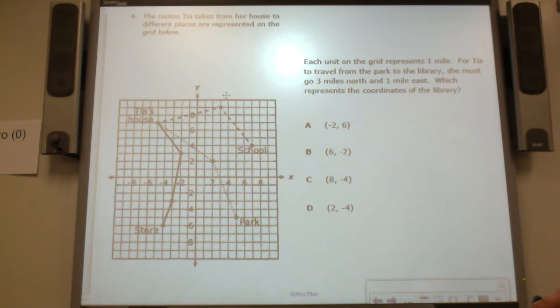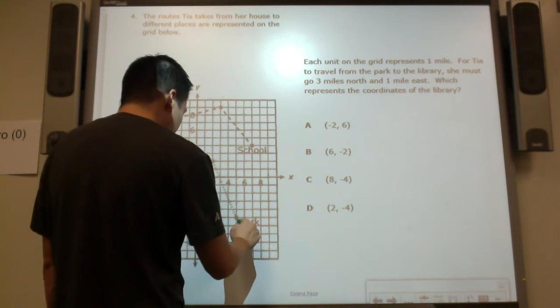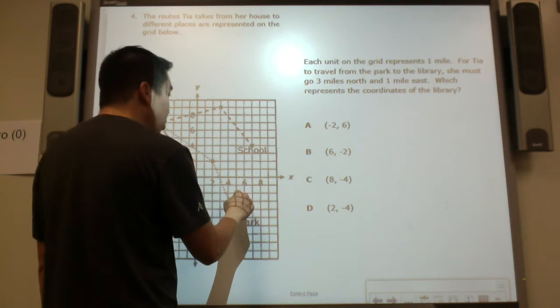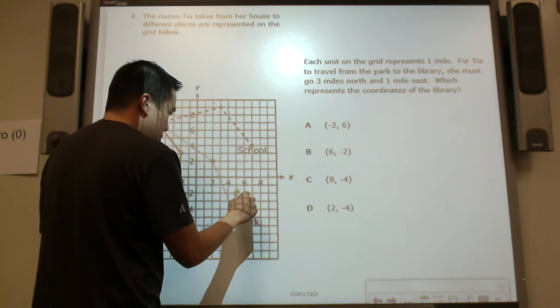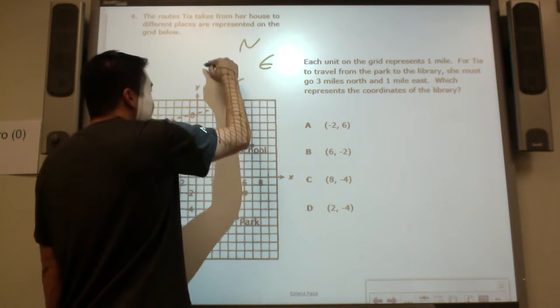Next one. The routes Tia takes from her house to different places are represented on the grid below. Each unit on the grid represents 1 mile. For Tia to travel from the park to the library, here's the park. To go to the library, she must go 3 units north. 1, 2, 3. Then she needs to go east. Remember your directions? North, east, south, west.